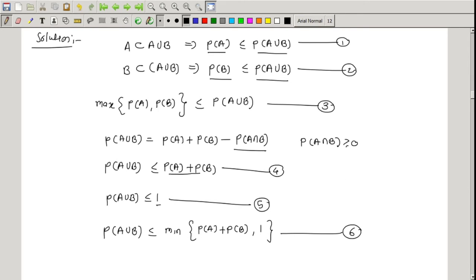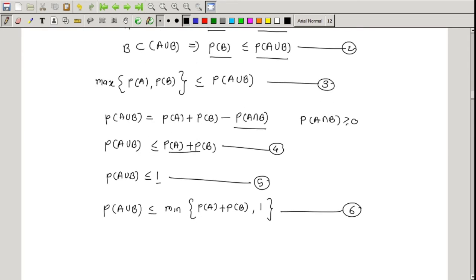So from equation 3 and 6, so what is your equation 3?